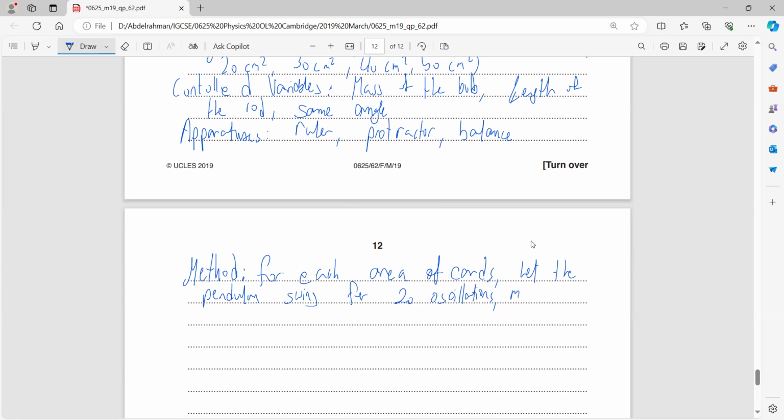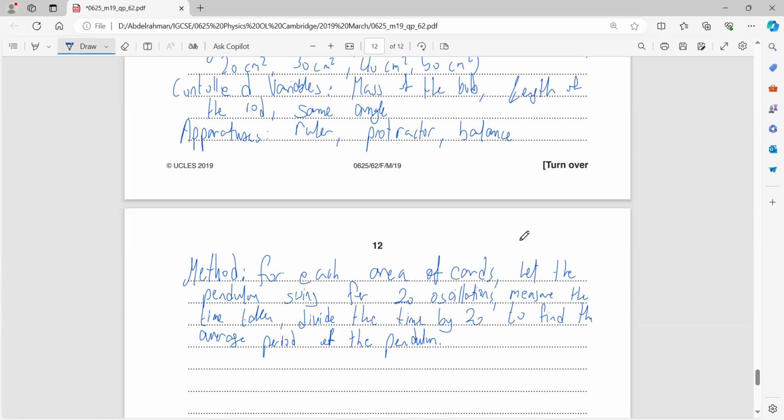Measure the time taken. After you measure the time taken, divide the time by 20 to find the average period of the pendulum.